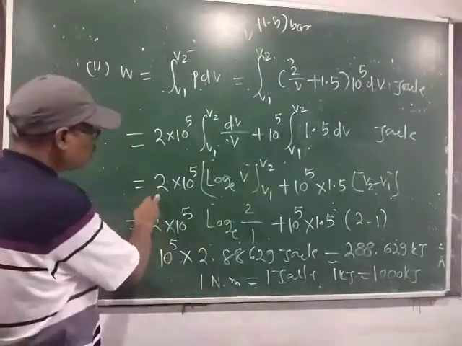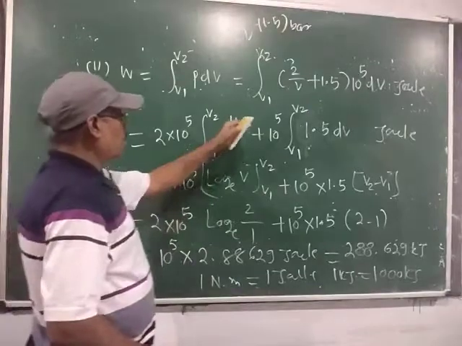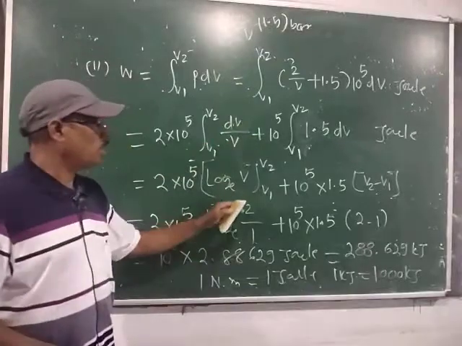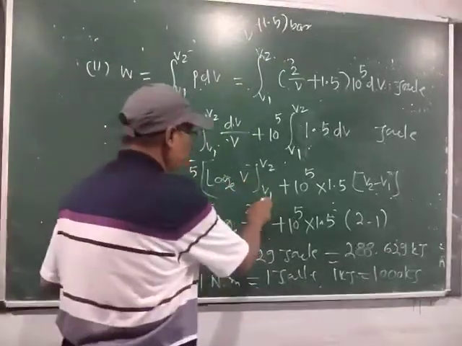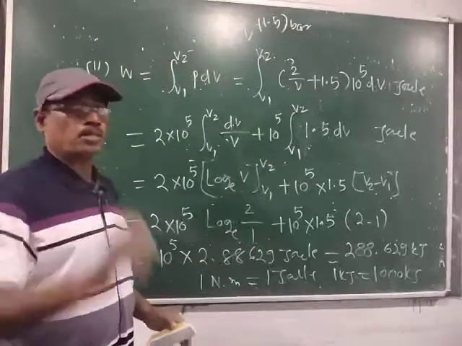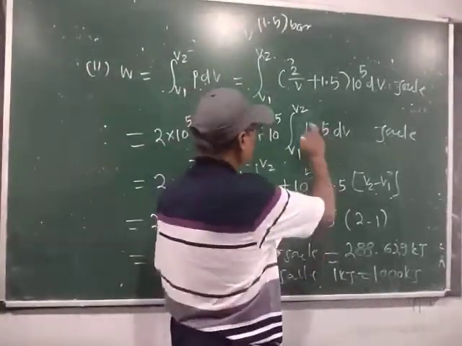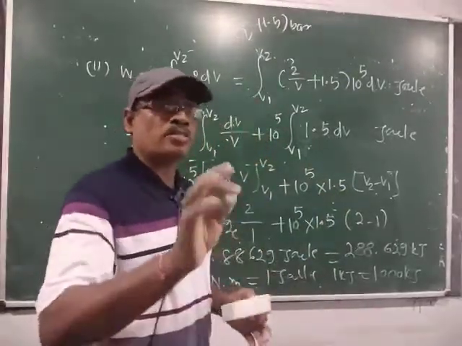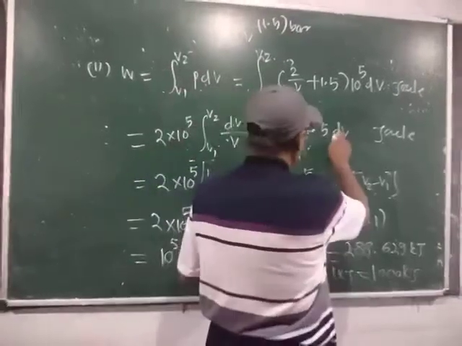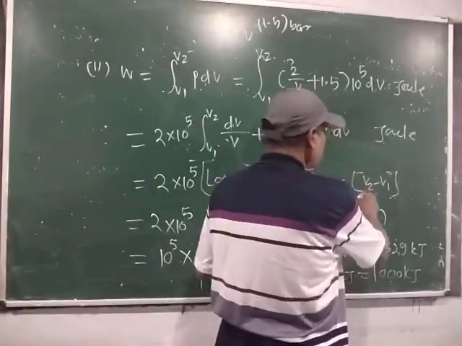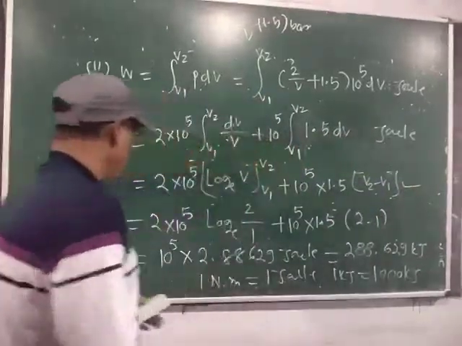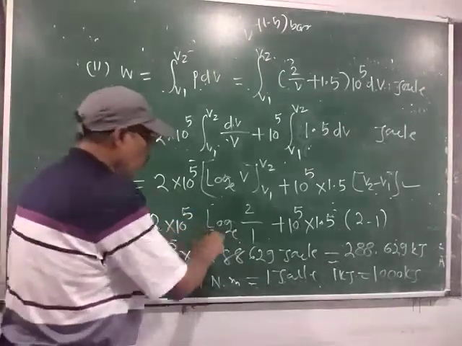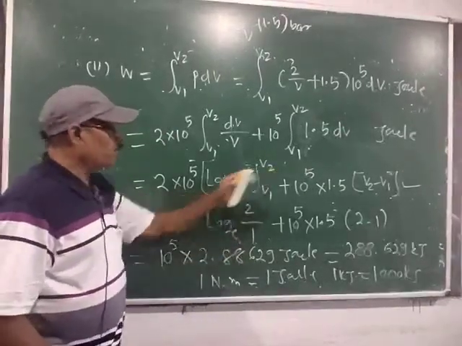Therefore 2 into 10 to the power 5, you know that the integration of dV by V is equal to log e V within the limit V1 to V2, plus 10 to the power 5 into 1.5, because 1.5 is the constant term. Therefore the integration of dV is equal to V2 minus V1. Therefore 2 into 10 to the power 5 into log e V2 by V1.